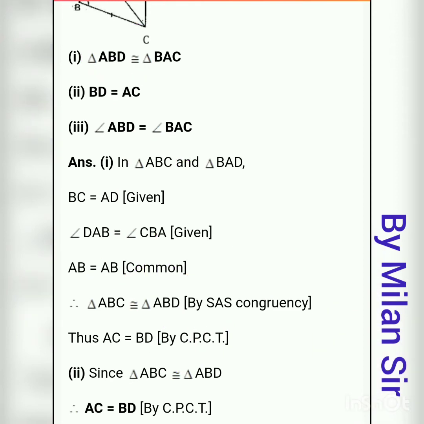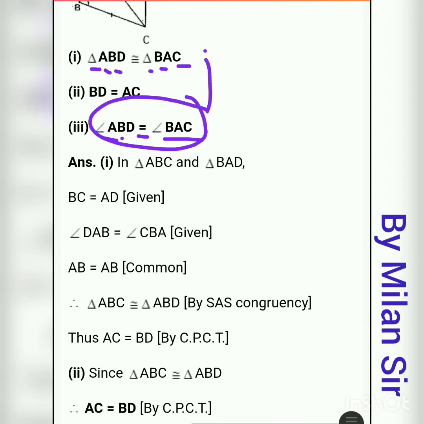If we want to prove for the angle, then whatever sequence we take from the first triangle, the same sequence we need to take from the second triangle. Here we just see the arrangement: first, second, third, A, B, D. So here we need to take first, second, third, B, A, C. It directly matches up with this congruency, right?